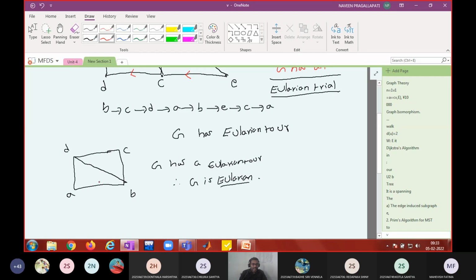Start from, let us say, A to B, B to C, C to D, and D to A. You can come back, but that is not a Eulerian tour, because you left out this edge. If I want to cover this edge also, then I have to take an edge repeatedly. Then only I can come back.